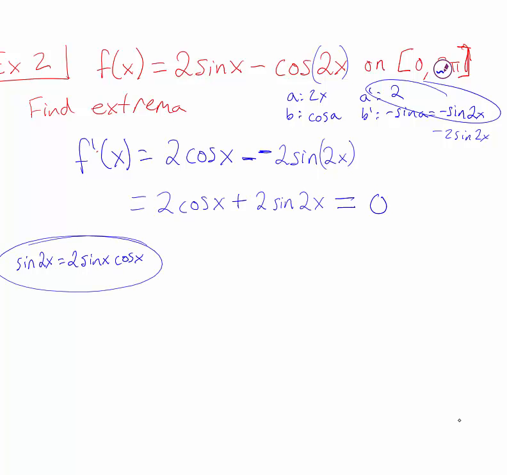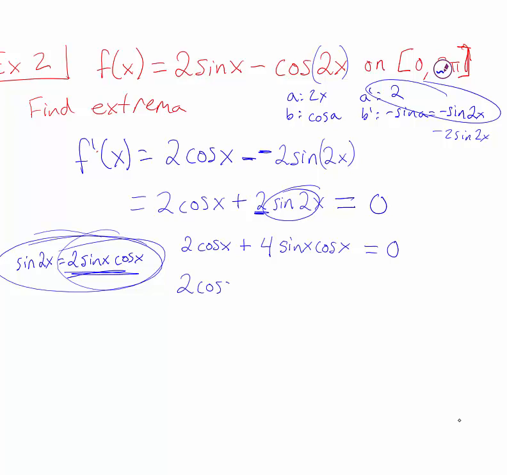And this is just something we're going to need to work on memorizing. So this would be 2 cosine x plus 2 times 2 sine x, right, this first 2 would be 4 sine x cosine x. So I replace sine 2x with 2 sine x cosine x equals 0. And now I can factor out a 2 cosine x. That would be 1 plus 2 sine x. And this just makes it a little bit easier to solve.